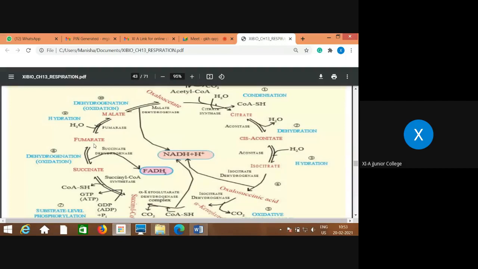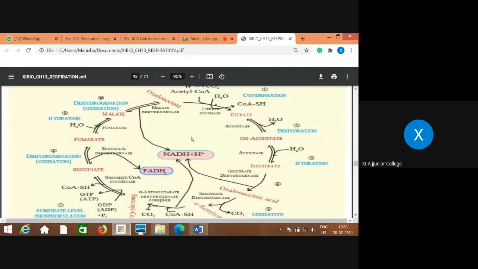Either you call it acid or you can call it malate, fumarate or succinate. So by oxidation or dehydrogenation it's converted into oxaloacetate again to recycle, and at this step the removed hydrogen combines with NAD to form NADH2.